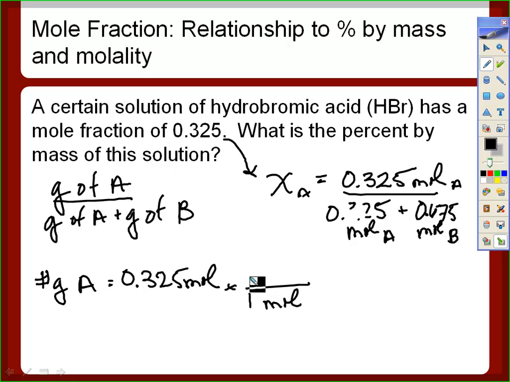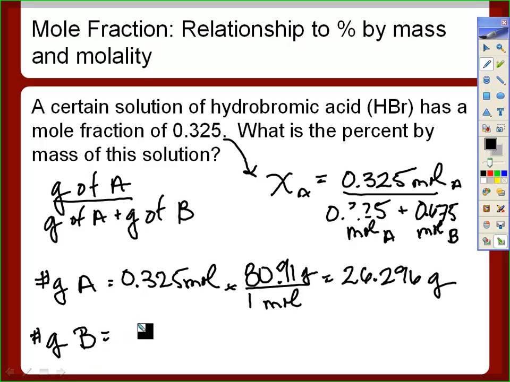That's going to give me 80.91 grams. So times 0.325 is 26.296 grams.